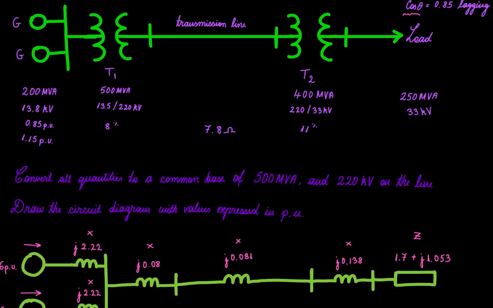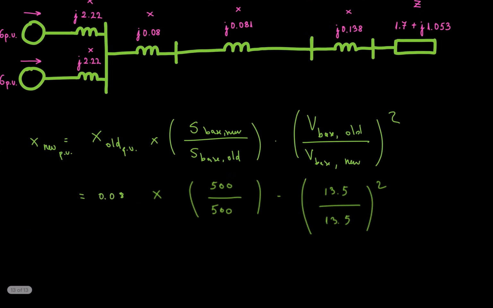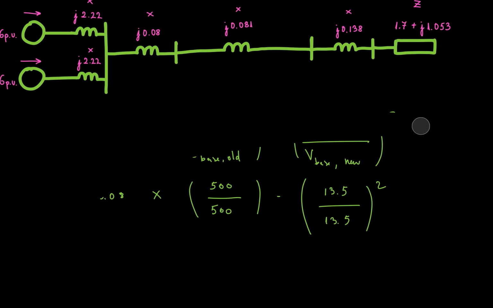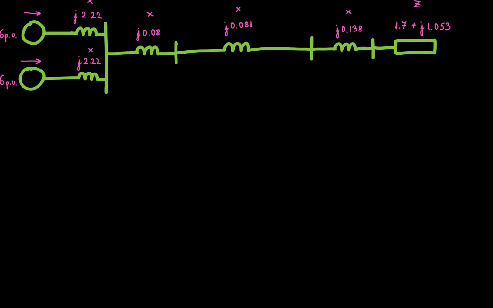This one's going to be a little bit different because we're not going to be using this formula, because for the line it's not really defined by the equipment ratings but by physical characteristics. So let me delete this. For the line, we're going to be using something else.